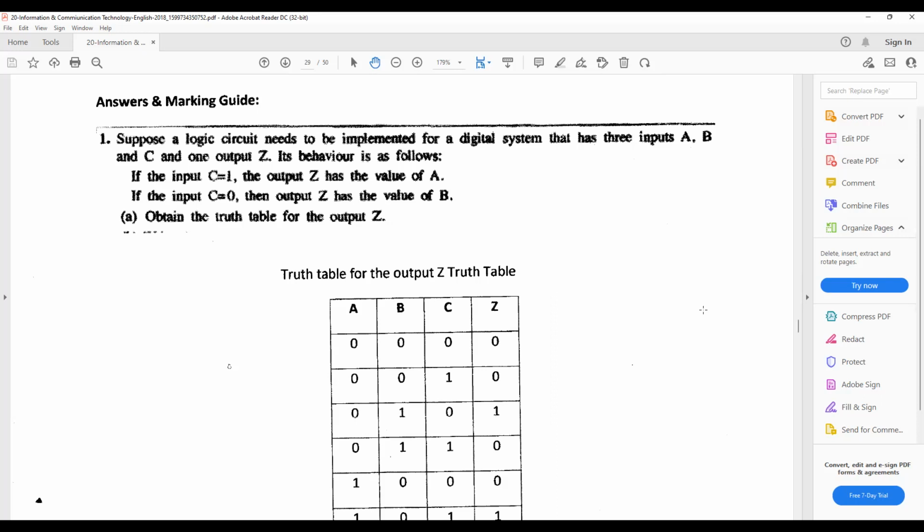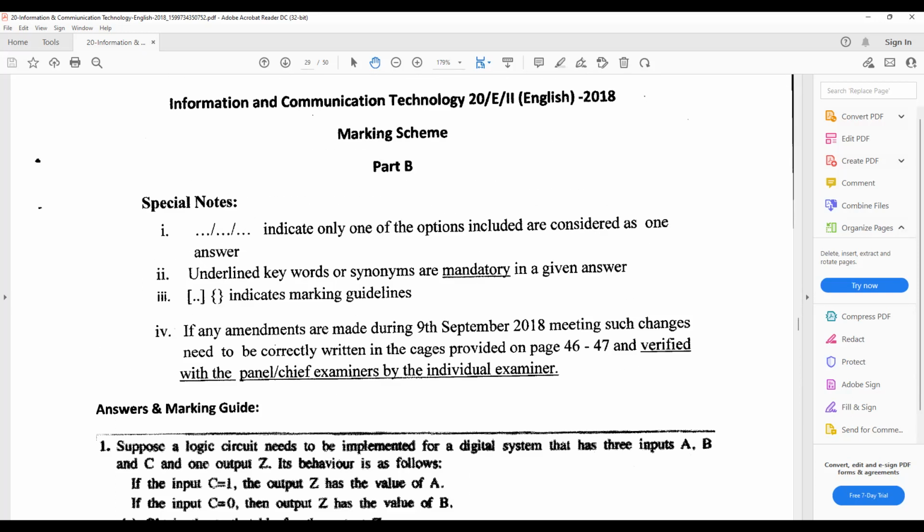Uncle, in the second paper, we need to do all the questions, no? I mean, we don't have anything to choose. I think in the second paper, let me open up the recent paper.